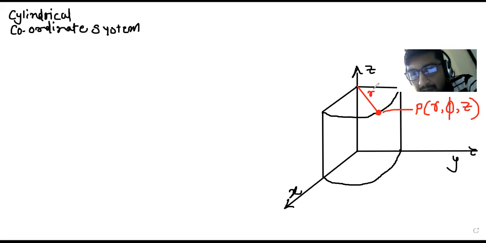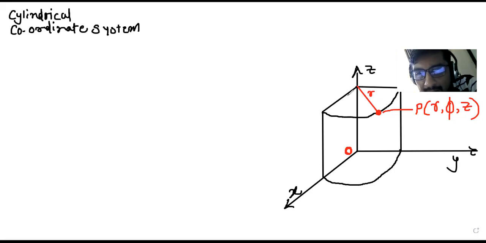Remember that in the cylindrical coordinate system, the radius is measured from the z-axis, not from the origin. Somebody may ask you, what is the difference between the radius from the origin and the radius from z? If you compare, the radius from z would be lesser than the radius from the origin. So in the cylindrical coordinate system, the radius is measured from the z-axis. Keep it in mind. The next one we have is phi.